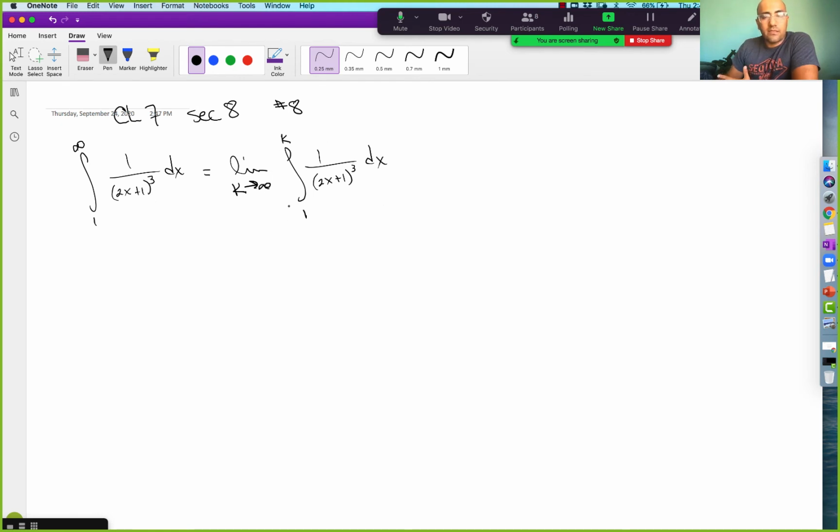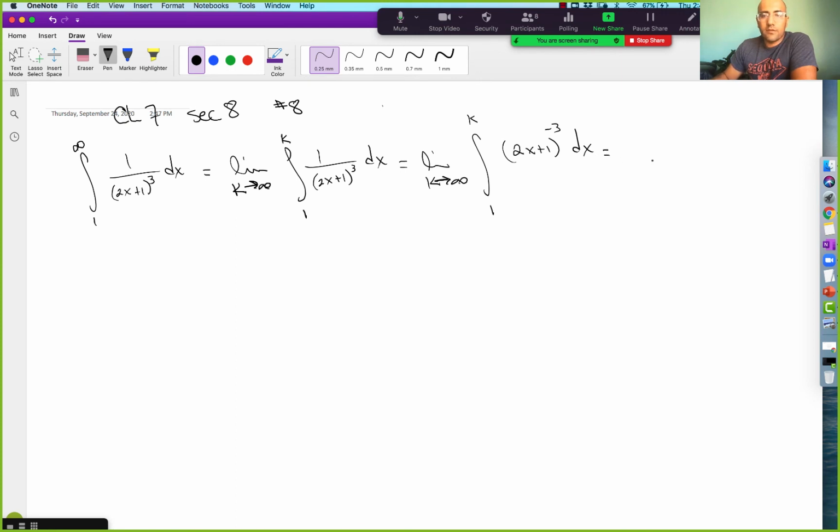And now this is just our old techniques for integrating anything. And this one's pretty easy, right? We can do a little bit of a guess and check. If we think of it as the limit as k goes to infinity of the integral from 1 to k of (2x plus 1) to the power of negative 3 dx, then I think it becomes pretty easy to see the answer.